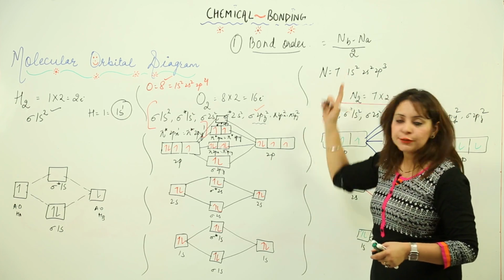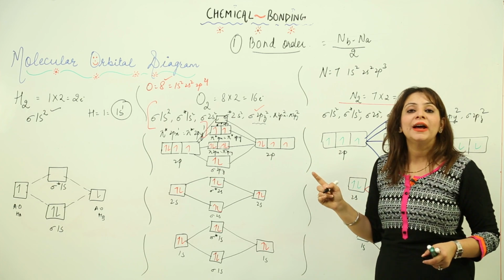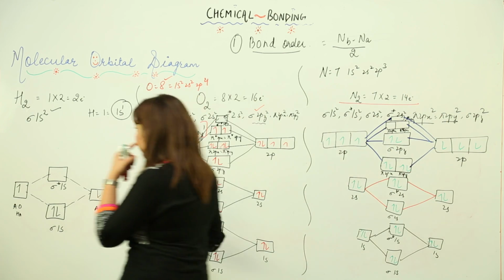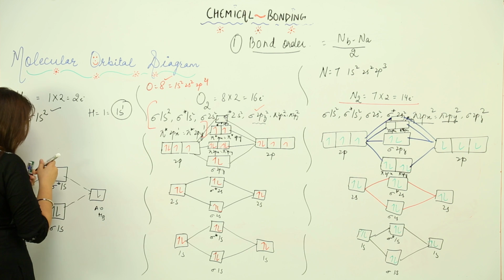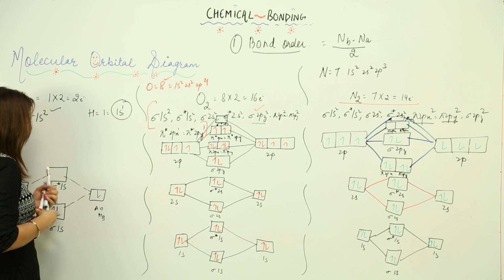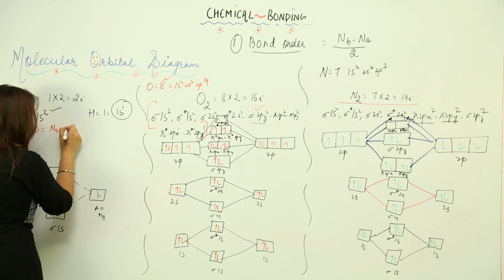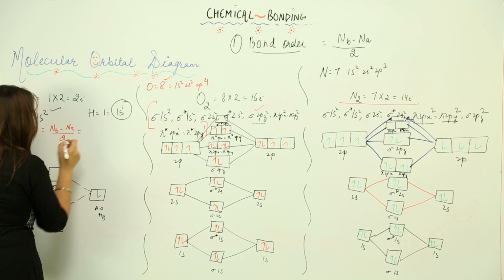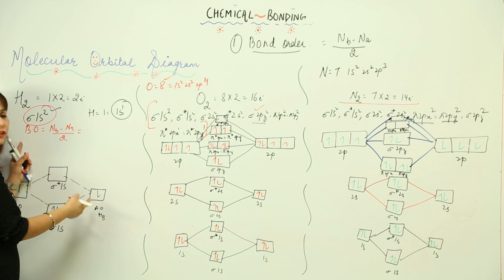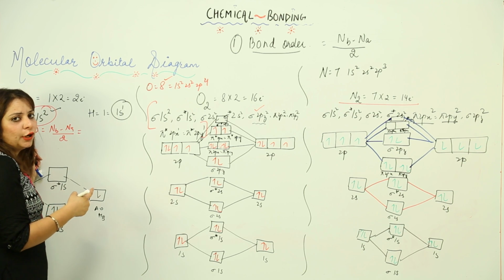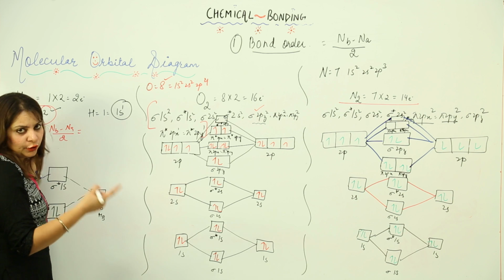So let's apply this formula to three of them in order to find the bond order, right. So here, if I apply this formula, I need to find bond order, and I write bonding minus anti-bonding divided by 2. How many bonding electrons? When you are calculating the bond order, you don't need to look at the molecular orbital diagram.